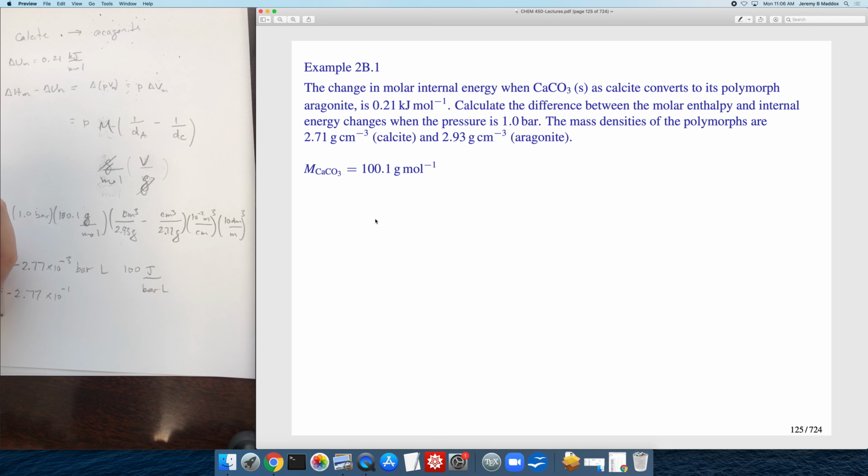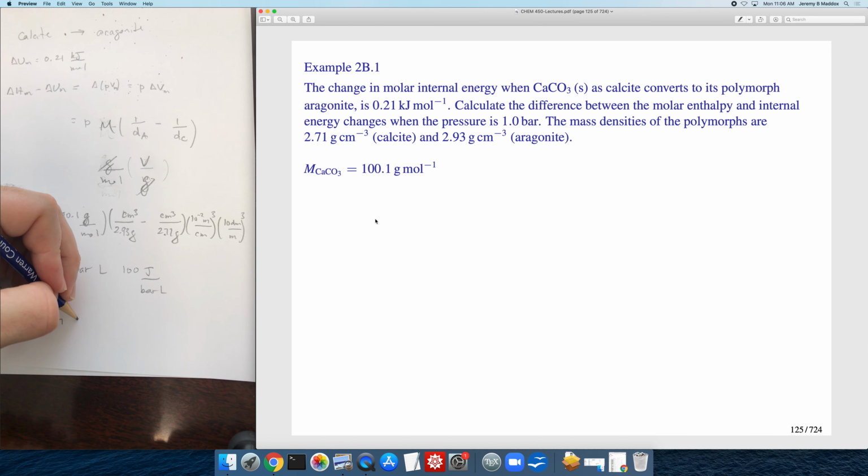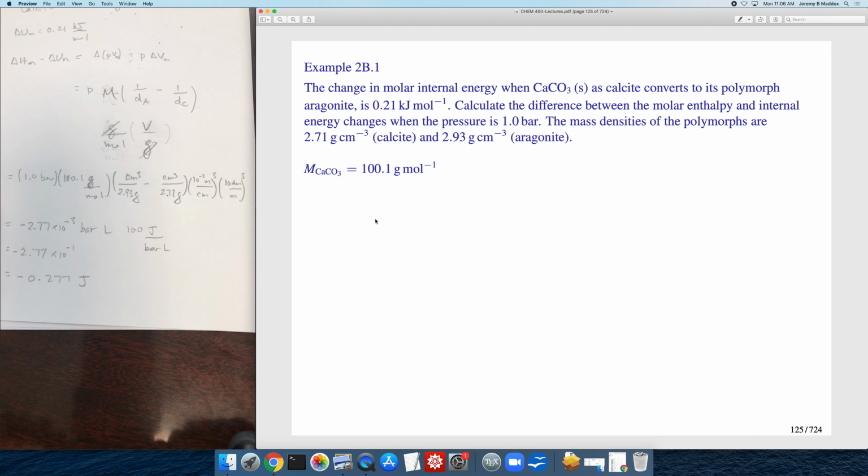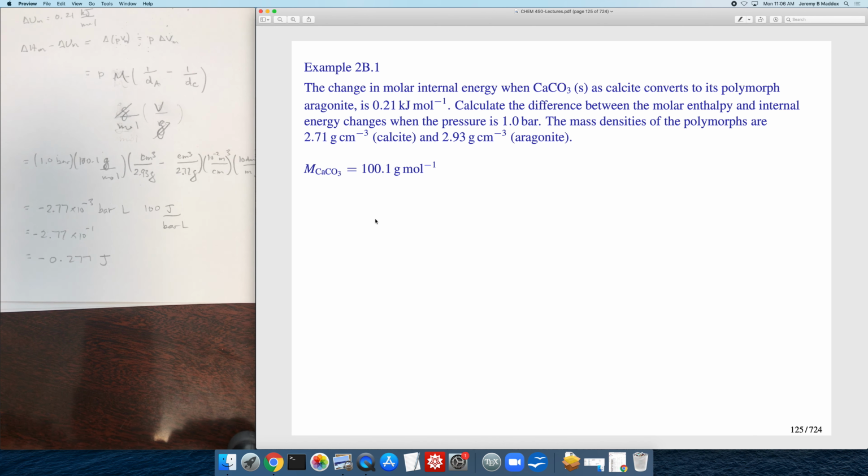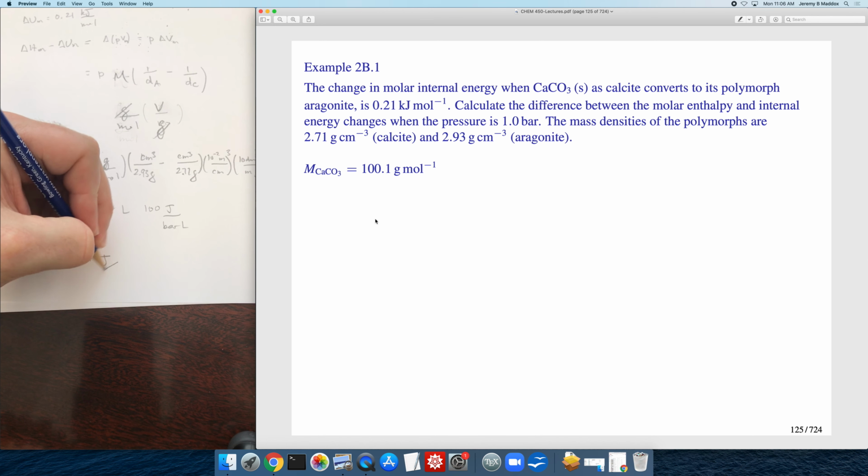And so we'll just write that as minus 0.277 joules, which is a very small energy difference. Okay, so the difference between delta H and delta U per mole is quite small. In fact, that would be units of joules per mole.